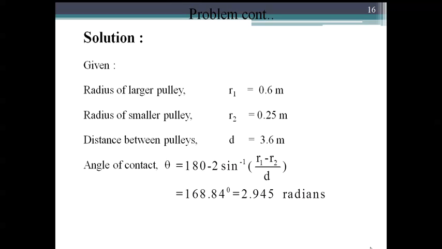To convert degrees into radians, we multiply by pi by 180. So 168.64 into pi by 180 is equal to 2.945 radians. So the angle of contact theta is 2.945 radians.